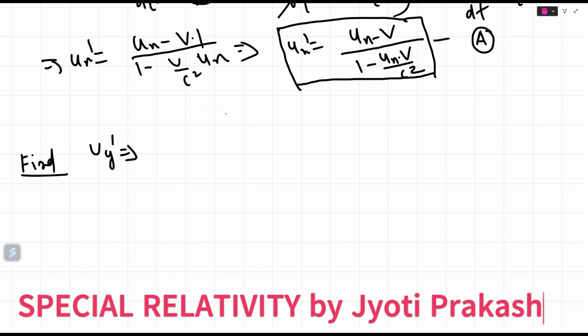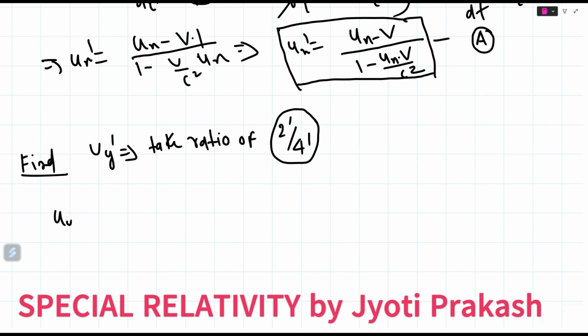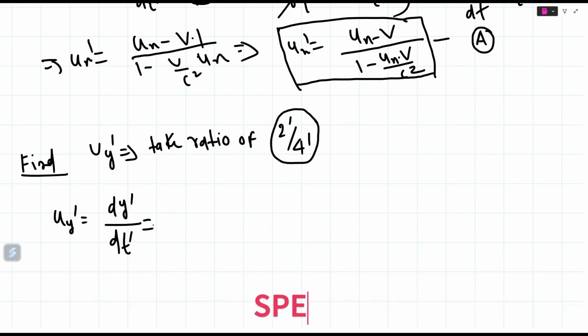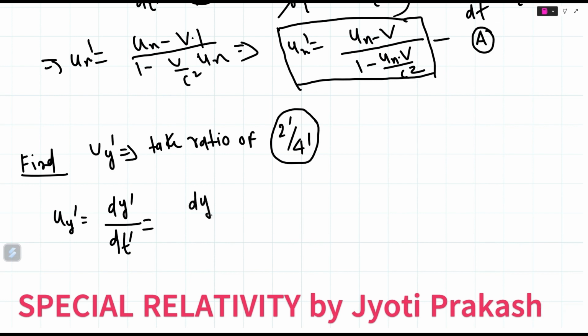For that, take the ratio of 2 prime divided by 4 prime and do the algebra. uy prime equal to dy prime by dt prime, which becomes dy over gamma (dt minus v dx by c square).